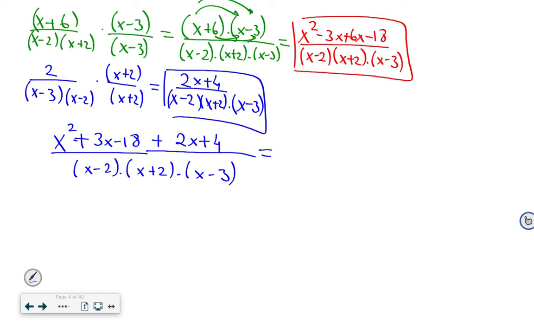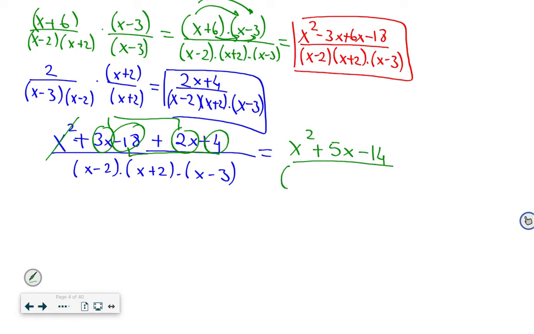So now combine the like terms in the numerator. Is there any x squared? No, just one x squared over here. If you combine the terms with x, 3x plus 2x will be positive 5x. Now, if you combine negative 18 with positive 4, you will get negative 14 over x minus 2 times x plus 2 times x minus 3.